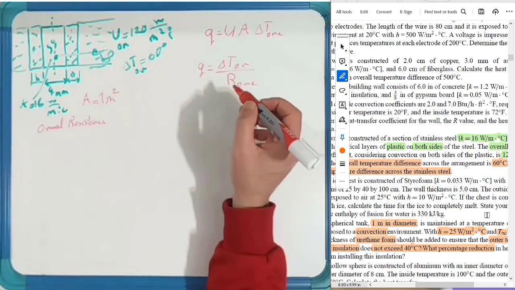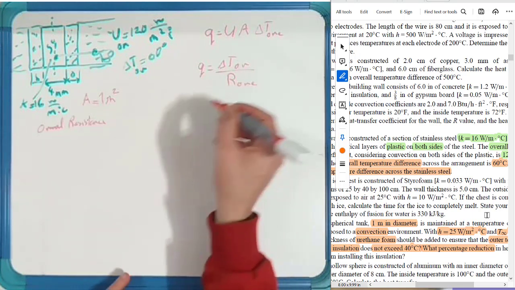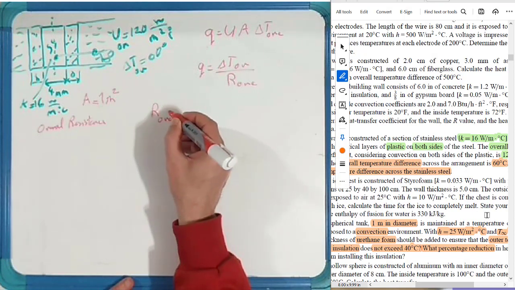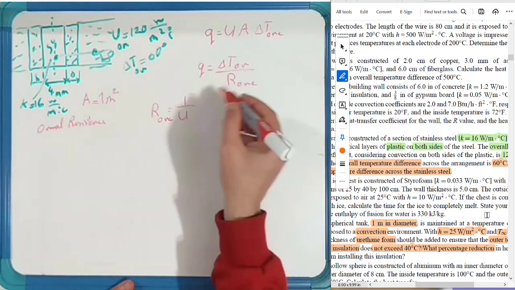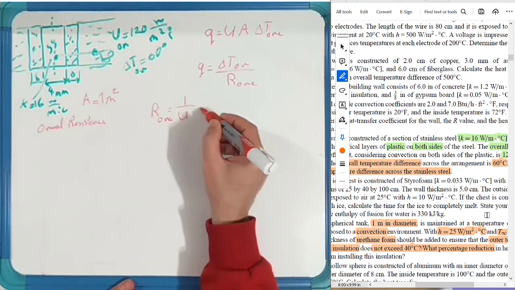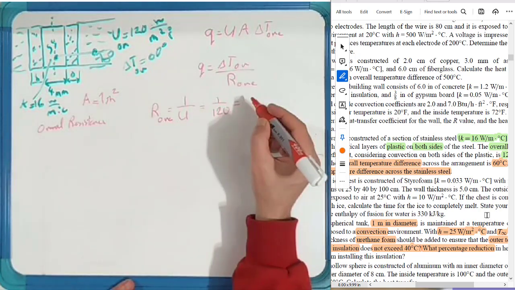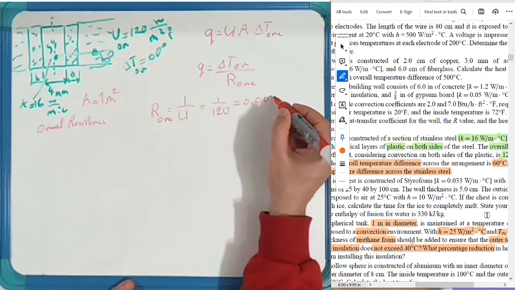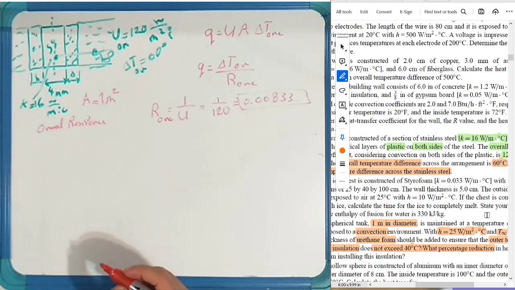Then I can write R overall equals 1 over U because of this formula. I know U is 120, then R overall will be 0.0083.